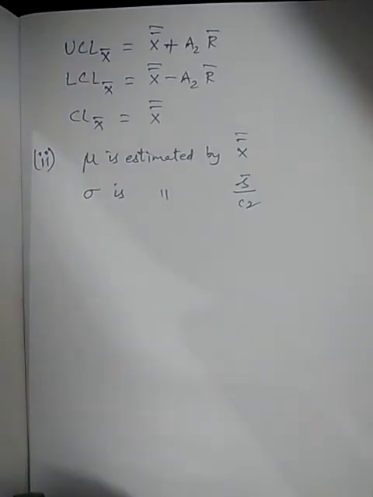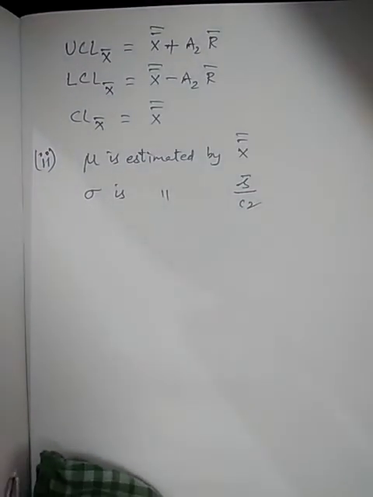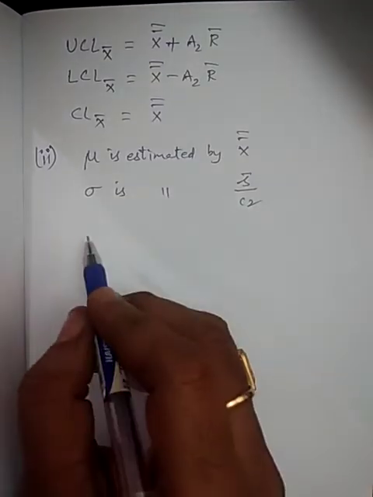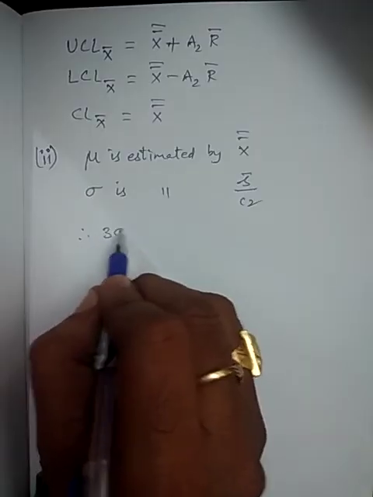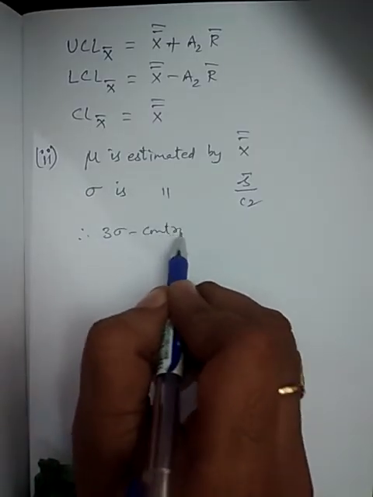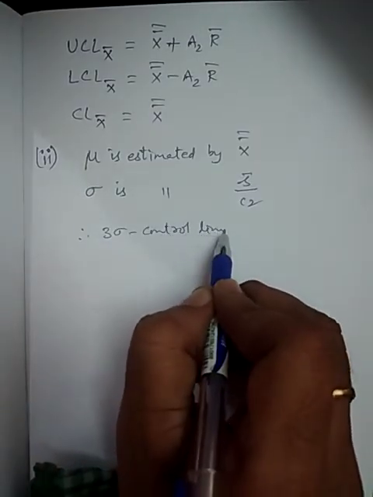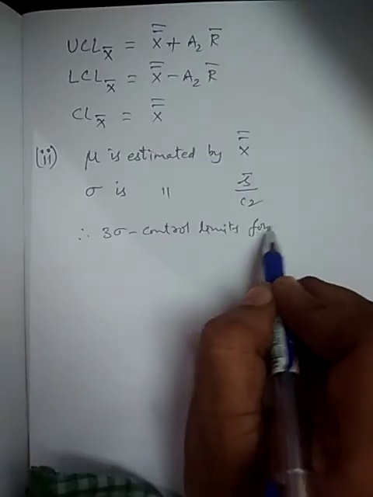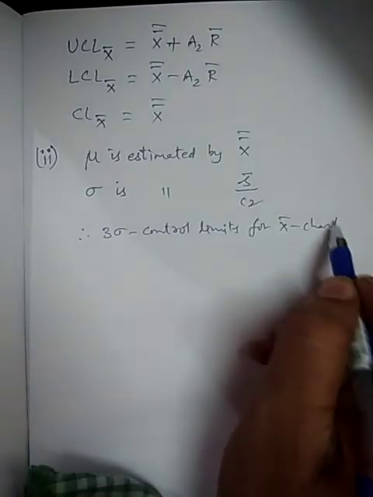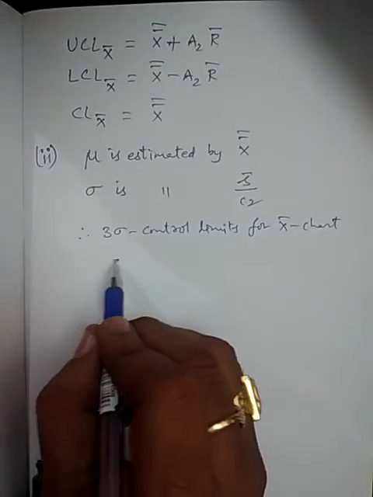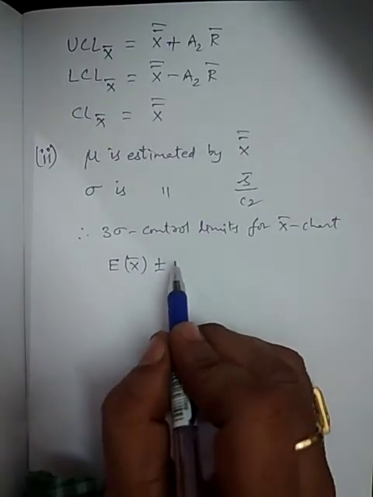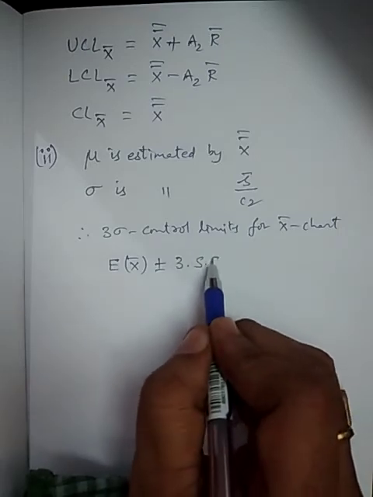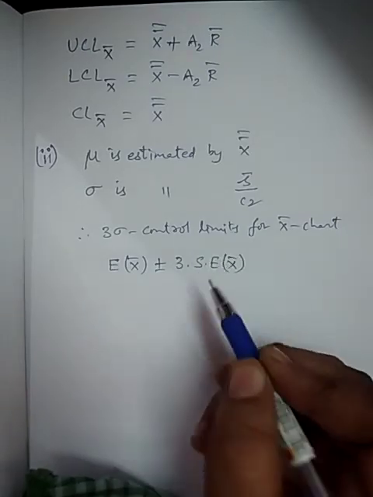From this we have to calculate the control limits again. Therefore, 3 sigma control limits for x bar chart. How do you calculate this? Again the same formula: expectation of x bar plus or minus 3 into standard error of x bar.